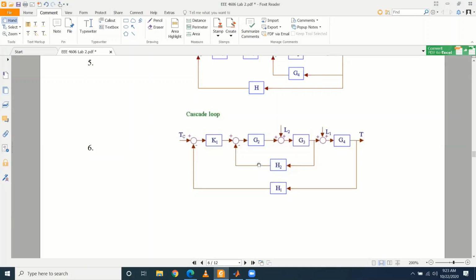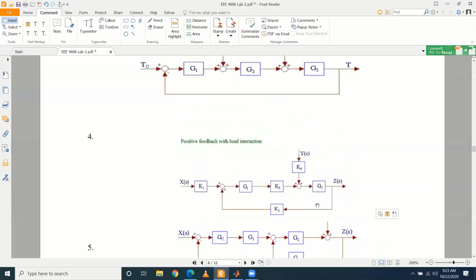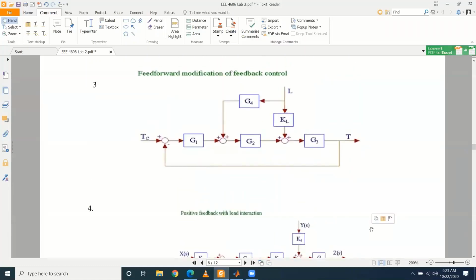What about the summation thing in the middle with an extra signal L2? Can you tell that they're in feedback if it's like that? No, sir. It's not easy to understand this one. What about this one? Again, same thing. You have an extra summation junction and also an extra signal. So these are not easy to identify.